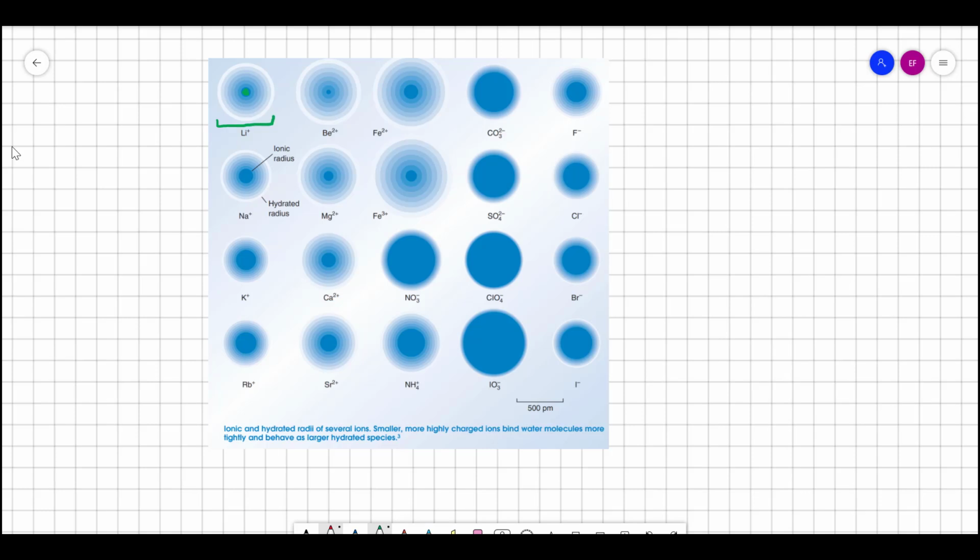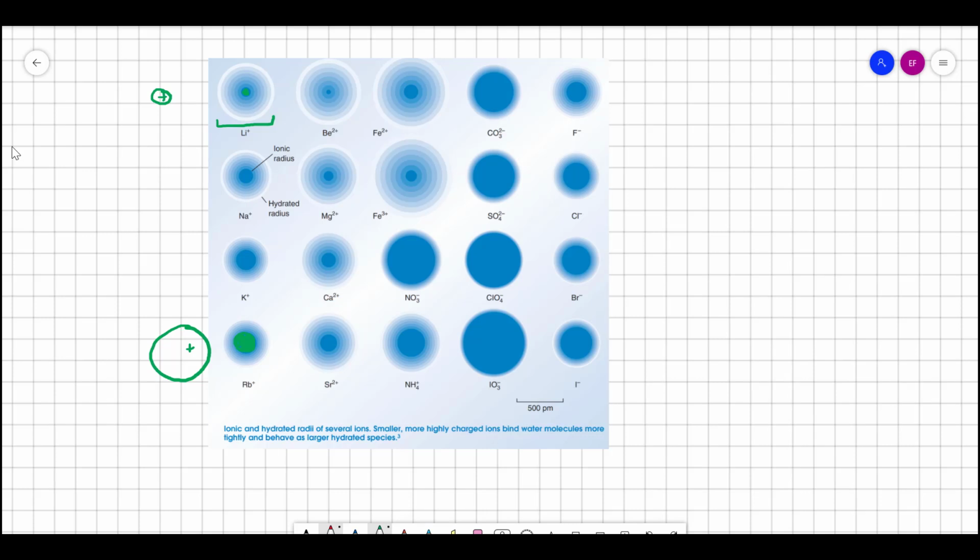Well, you can imagine that positive one charge is localized on a tiny little sphere, so the distribution of charge per unit area over that sphere is quite large relative to, say, a rubidium atom, which has the same positive one charge. It has exactly the same electrostatic charge, but that positive one is distributed over a much larger surface area. So the charge per unit area is quite a bit smaller.